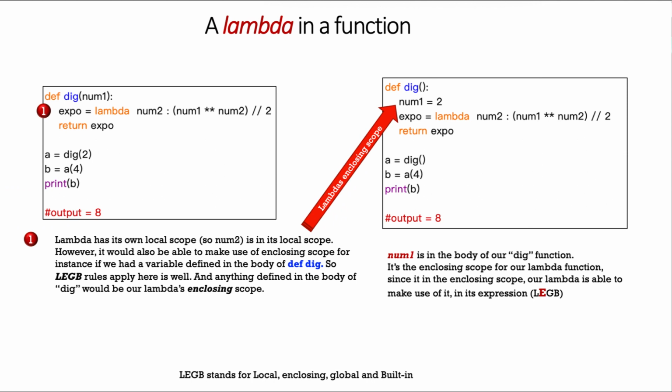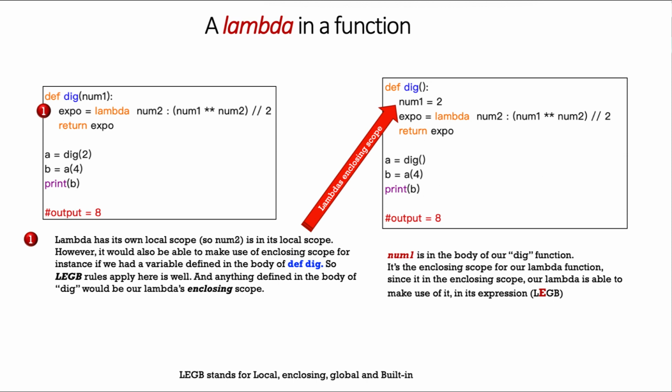Okay, so here we have a lambda in a function. On the left-hand side, we've defined dig, our function. It takes parameter num1. In the body, we have expo, which equals our lambda num2: num1 to the power of num2, floor division 2, and then we return expo.